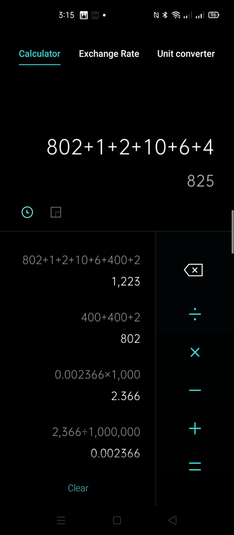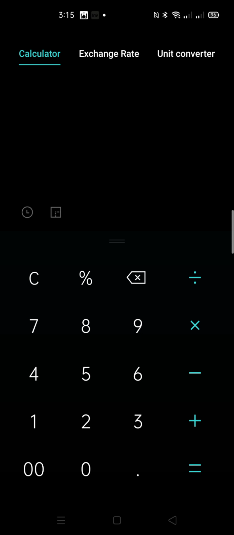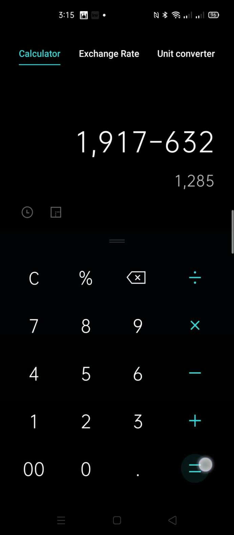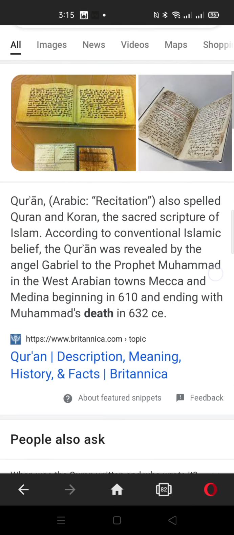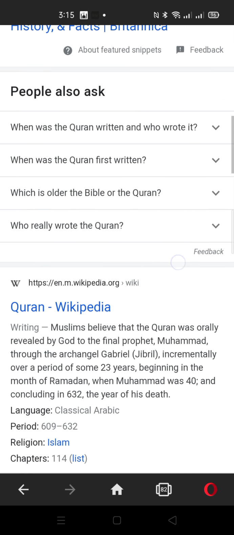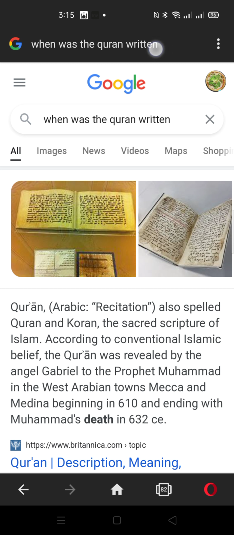So, 1917 minus 632. So the Quran beat Ernest Rutherford by 1,285 years. Let that sink in. I'm not even done yet.